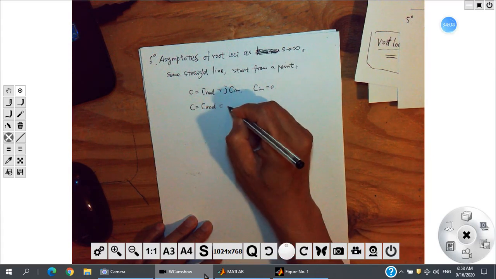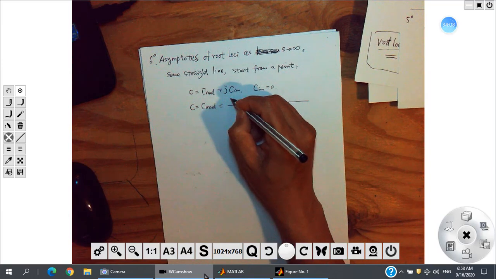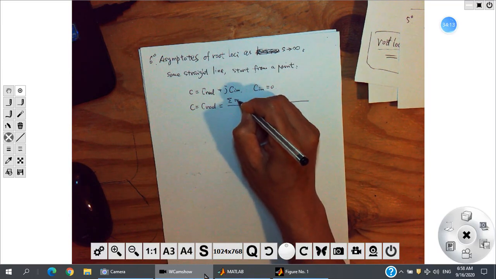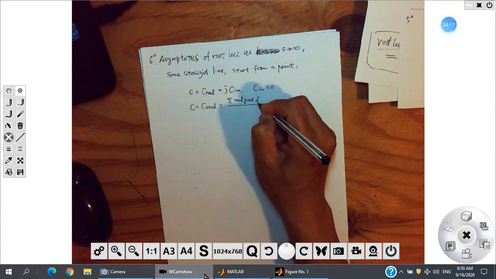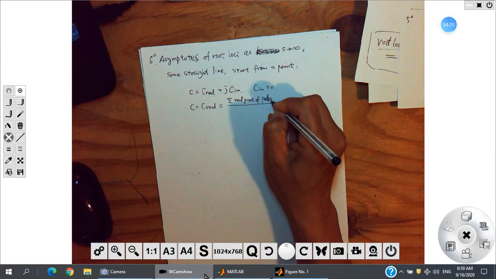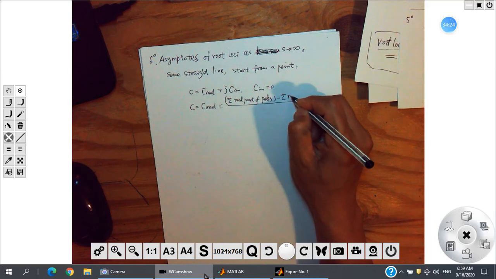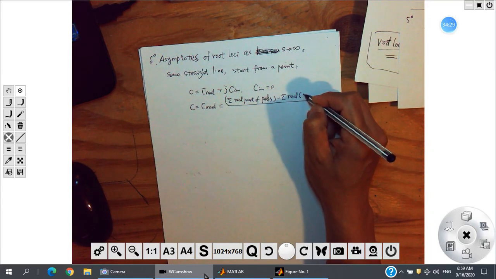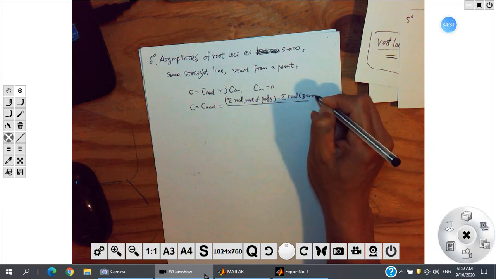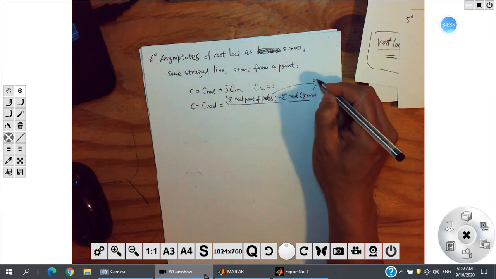The center will be a summation of the real parts of the poles, minus the real parts of the zeros, of G. Both poles and zeros of G.